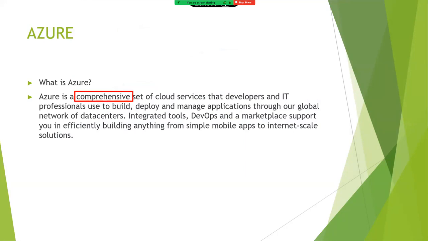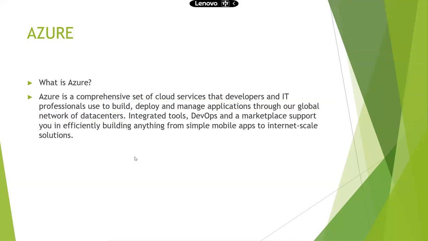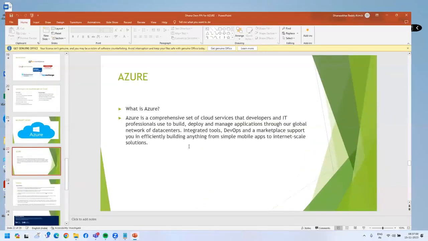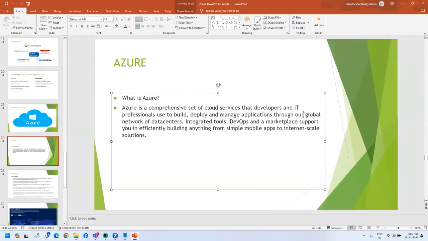Comprehensive means a set, a group of top cloud services with enterprise features, where we can build, deploy, and manage applications through global network data centers. This phrase is important. What does global network data centers mean?